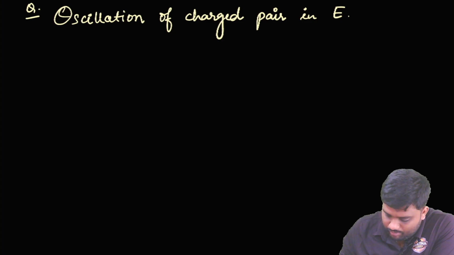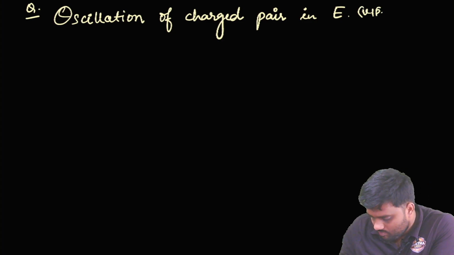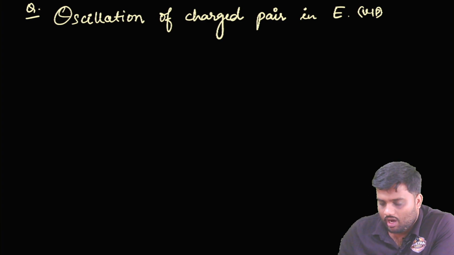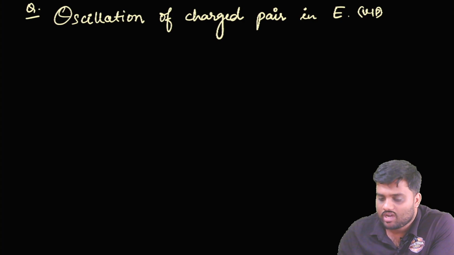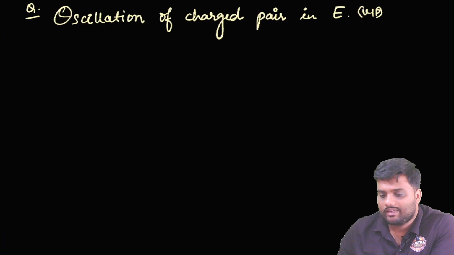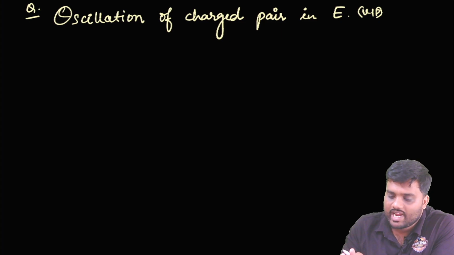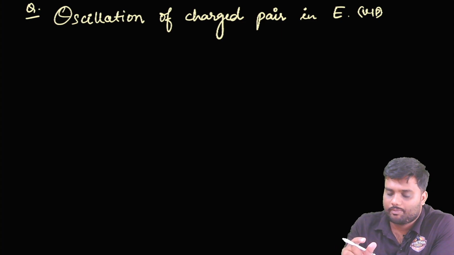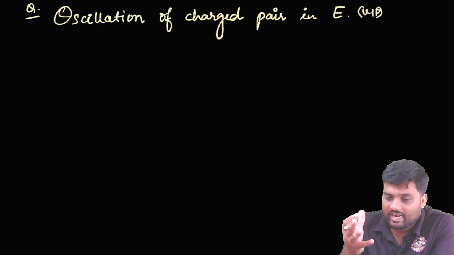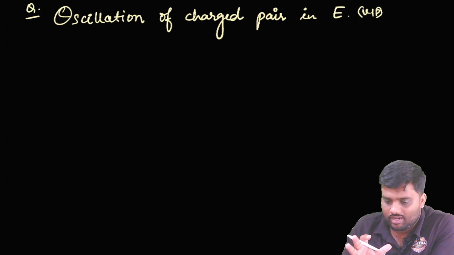See, this is very important. Whatever we are reading, a charged pair means a positive and a negative charge. Who do you call charged pairs? Boyfriend and girlfriend. Meanwhile, when we are talking with respect to the charged pair, it is nothing but a positive charge and a negative charge separated by some distance inside the electric field. What happens now? Oscillation of a charged pair in an electric field.